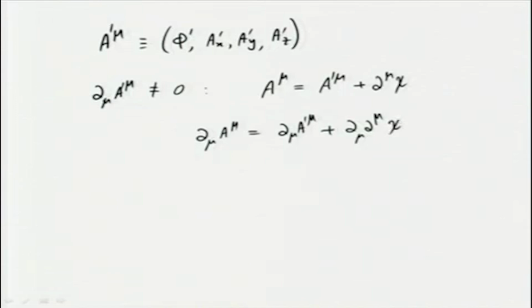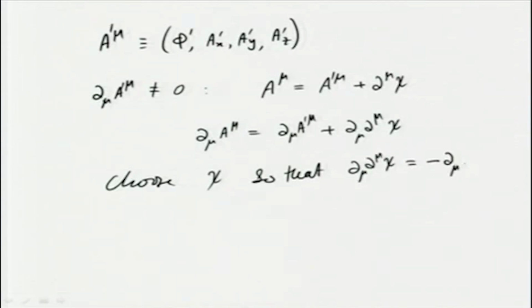Now, we can choose chi so that dou mu chi is equal to minus dou mu A prime mu. Since this transformation is allowed for any scalar field, we can choose some scalar function chi which satisfies the condition dou mu chi is equal to minus dou mu A mu prime.